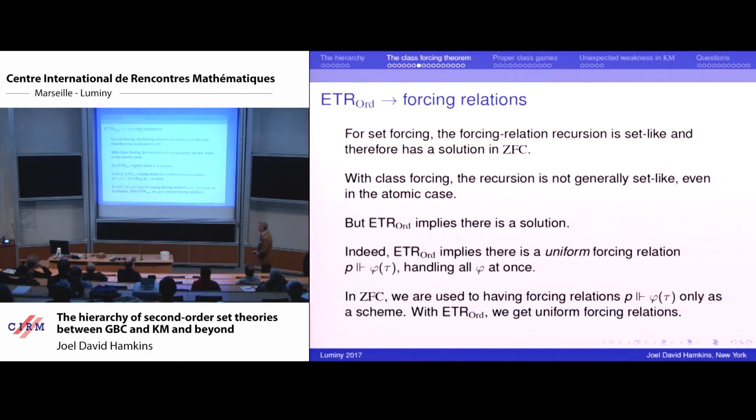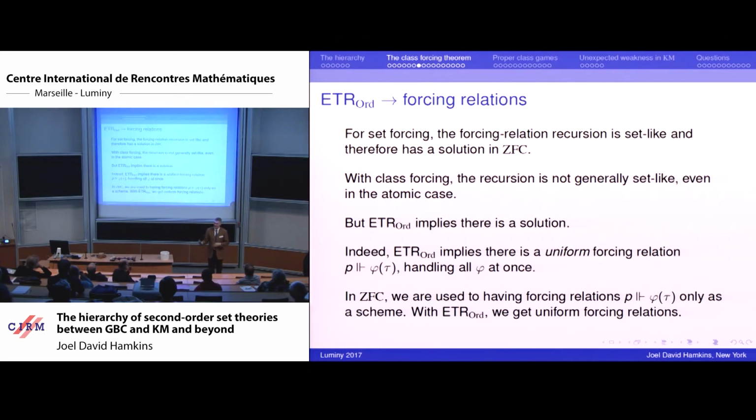Okay, so let me explain how the principle ETROrd implies that there are forcing relations for every class forcing notion. And that's rather easy. It's just because in set forcing, the forcing relation recursion is set-like and has a solution in ZFC. That's how we know in ZFC, when you're forcing with a set poset, that there is a forcing relation.